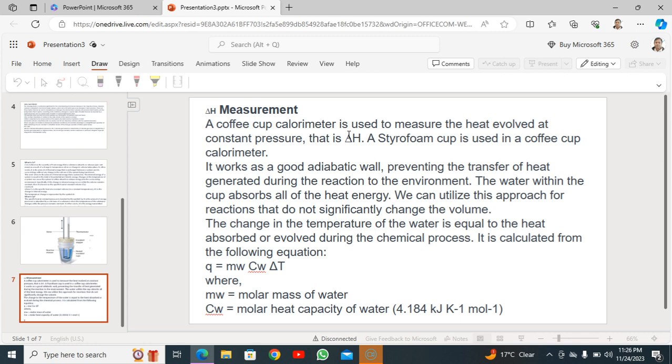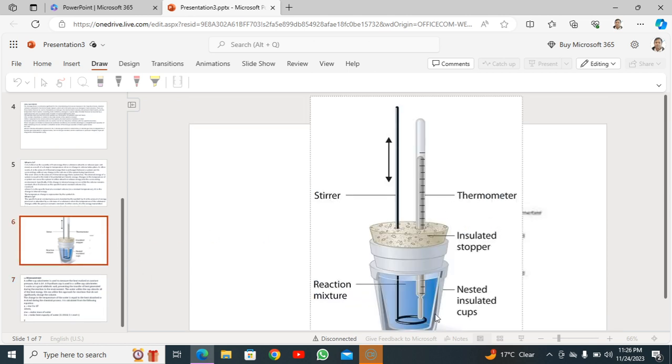Enthalpy can be measured using a coffee cup calorimeter. It is used to measure the heat evolved at constant pressure, that is, delta H. A Styrofoam cup is used in a coffee cup calorimeter. It works as a good adiabatic wall, the wall of this coffee cup calorimeter.